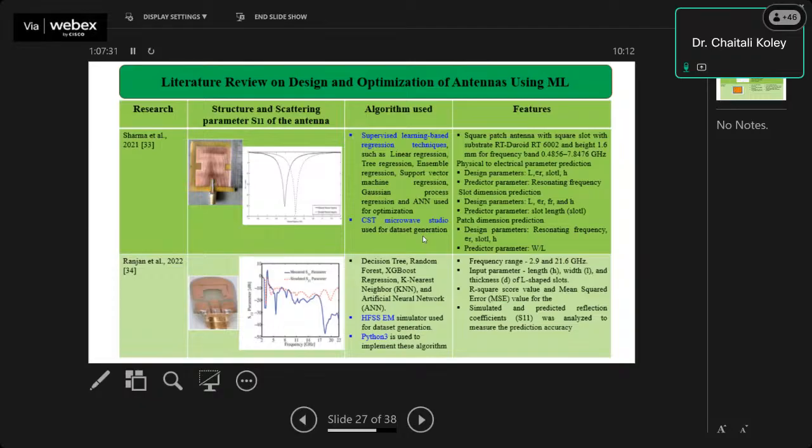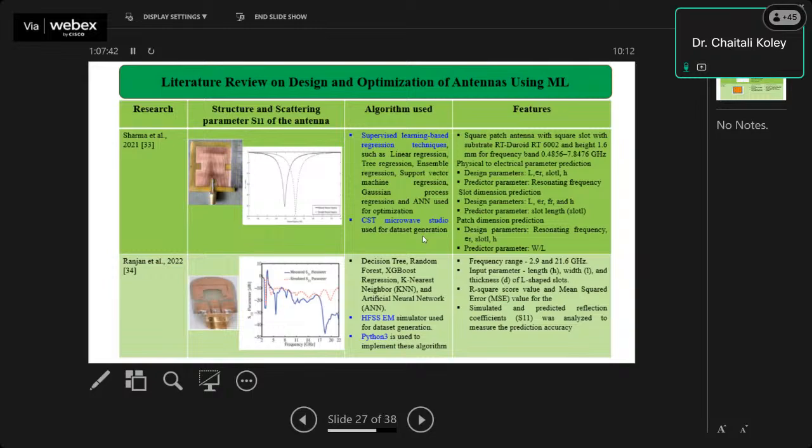Next, Ranjan et al. In 2022, they designed a compact coplanar antenna, also fabricated.